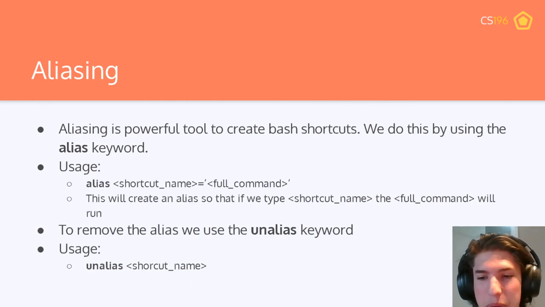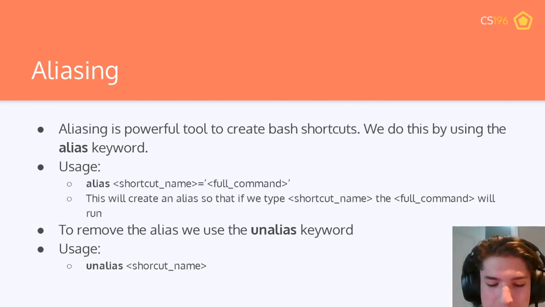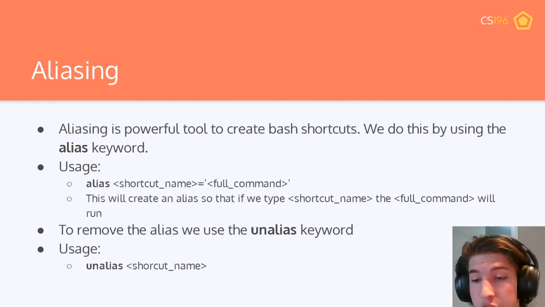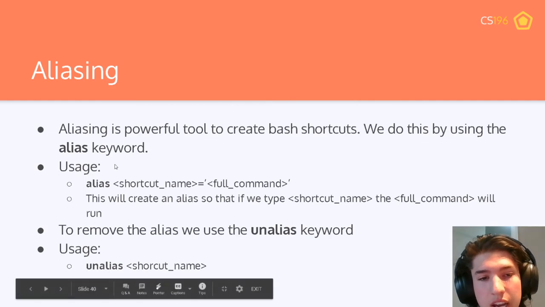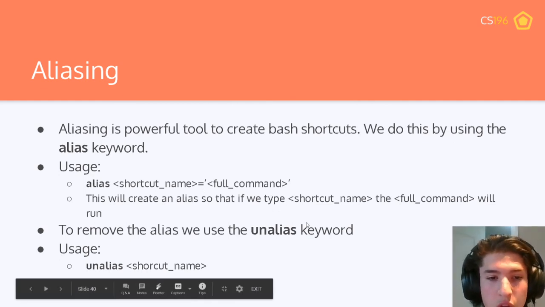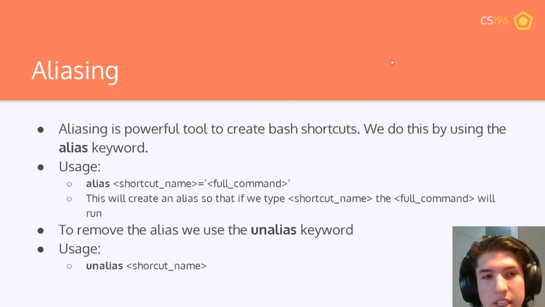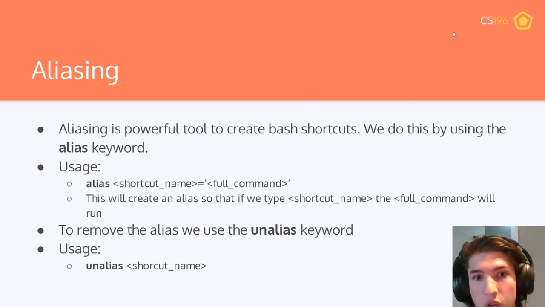So let's talk a little bit more about some useful tools for when you're doing bash scripting. The first thing we'll talk about is aliasing. What aliasing does is you can say alias shortcut name equals full command. This allows us to have a big, long process condensed into a much smaller example.